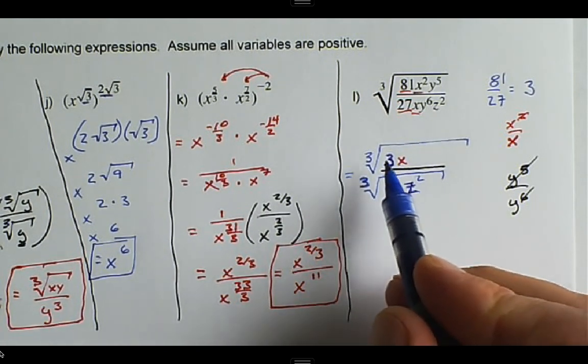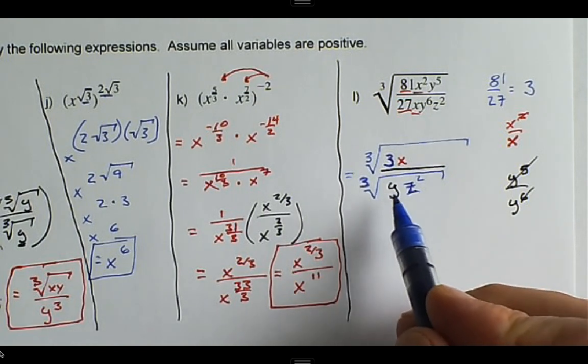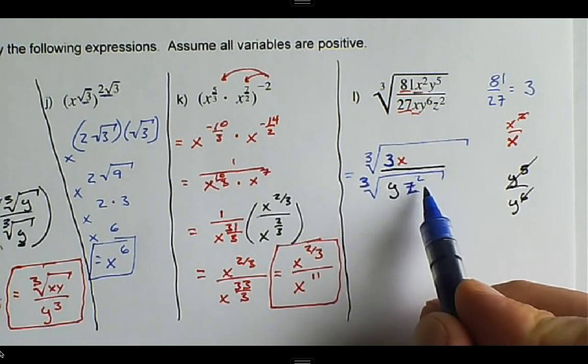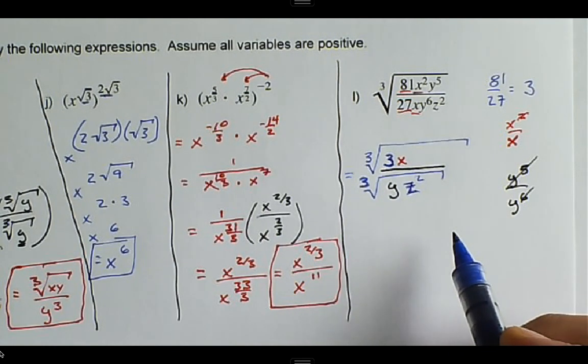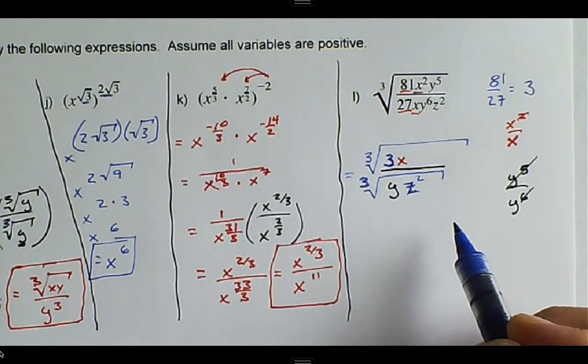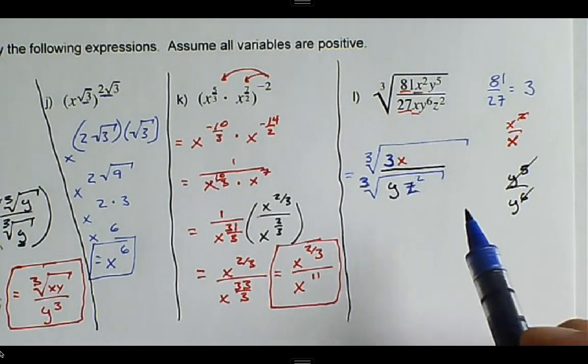The numerator, we're okay with that, but what's going on in the denominator is we cannot have the radical in the denominator, so we have to get rid of that. And the way that we get rid of it is we have to multiply both the numerator and the denominator by the cube root of y times z squared.